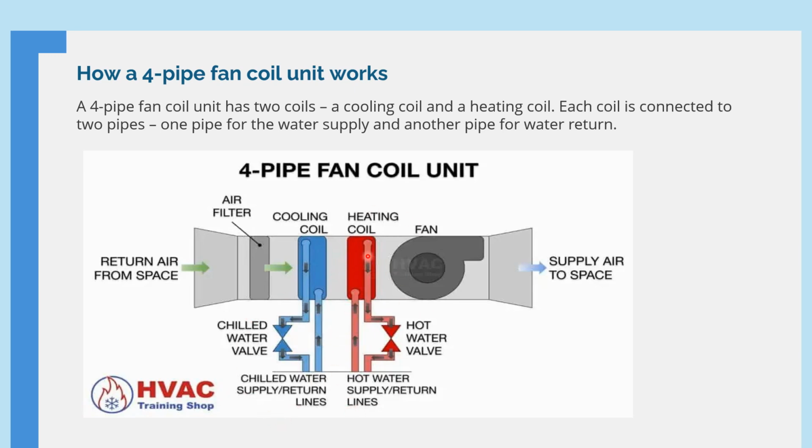The cooling coil is connected to a chilled water supply and the heating coil is connected to a hot water supply. Air enters through the fan-coil here and passes through the air filter where it is filtered. It then passes through the cooling coil to outside. And if it needs to be heated, it will pass through the hot water coil where it will be heated and pass to the surroundings.